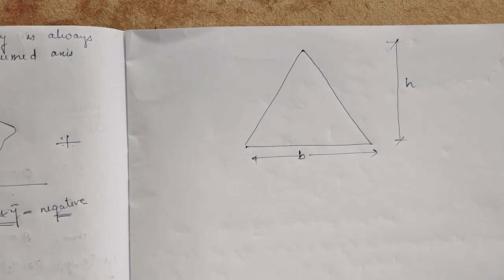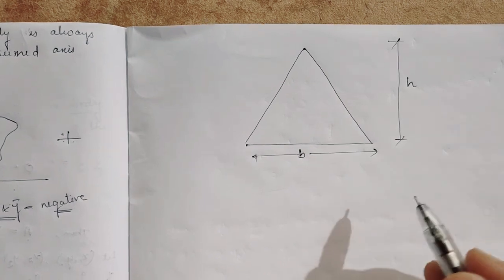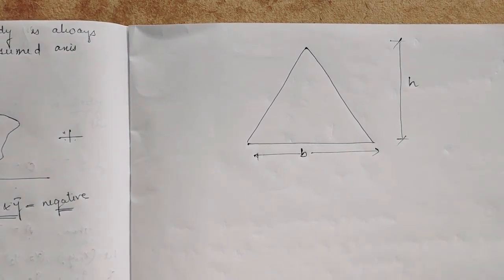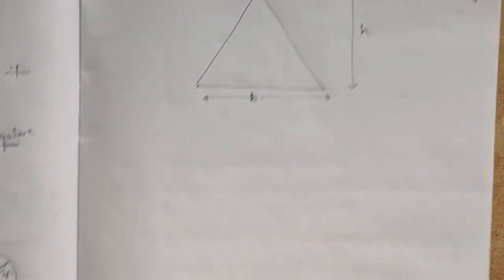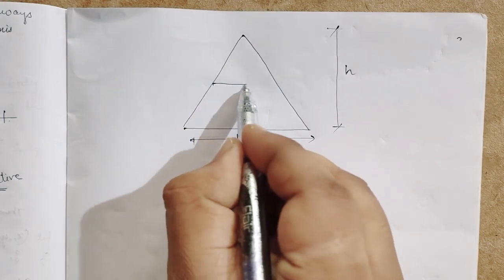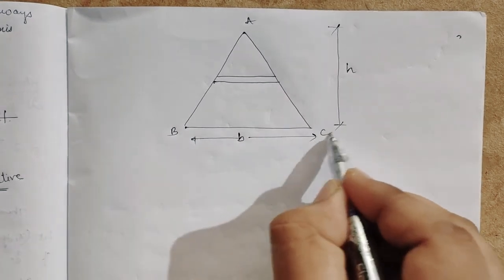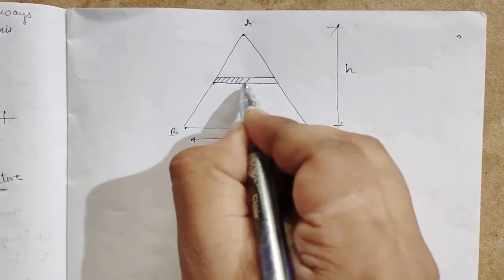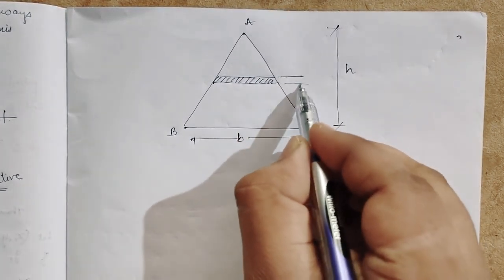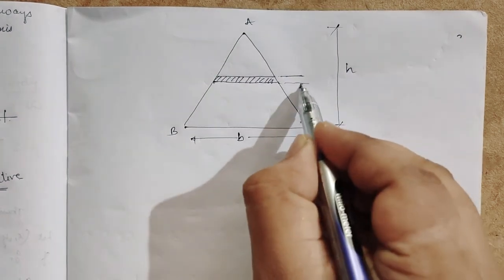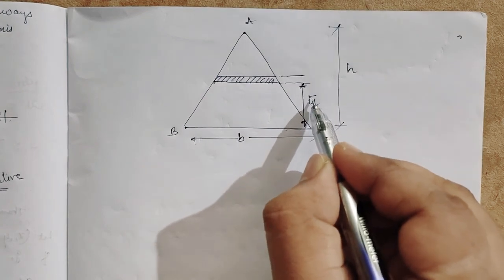Okay, so what we did in the first derivation while finding x bar: we divided the area. But here we will not divide, we will consider an elemental strip. I'll name the triangle ABC. I'll consider an elemental strip at a distance of y from the bottom reference axis.